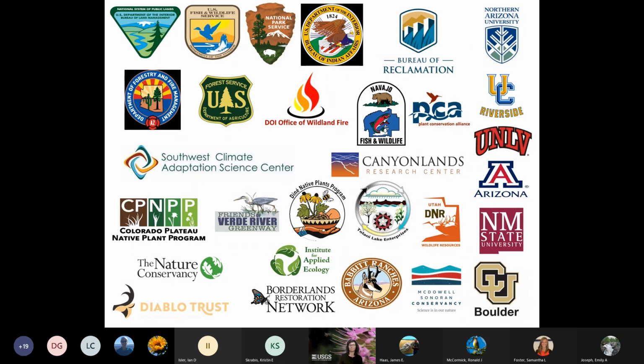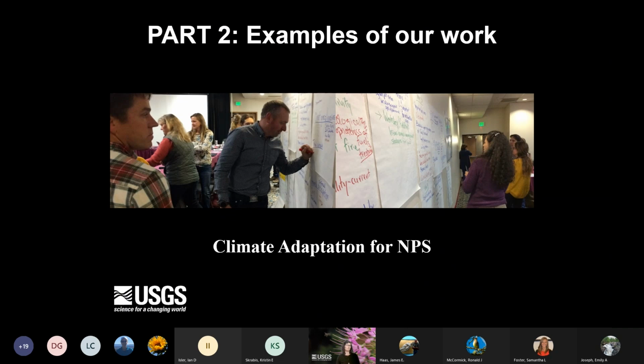Logos included are the National System of Public Lands Bureau of Land Management, U.S. Fish and Wildlife Service, National Park Service, U.S. Department of the Interior, Bureau of Indian Affairs, Bureau of Reclamation, Northern Arizona University, Department of Fire Management, Forest Service, Department of Agriculture, DOI, Office of Wildland Fire, Navajo Fish and Wildlife, Plant Conservation Alliance, University of California, Riverside, Southwest Climate Adaptation Science Center, Canyonlands Research Center, University of Nevada, Las Vegas, University of Arizona, Colorado Plateau Native Plant Program, Friends of Verde River Greenway, Diné Native Plants Program, Tulani Lake Enterprises, Utah Division of Wildlife Resources, New Mexico State University, the Nature Conservancy Institute for Applied Ecology, Diablo Trust, Borderlands Restoration Network, Arizona Babbitt Ranches, McDowell Sonoran Conservancy, and Colorado University Boulder.